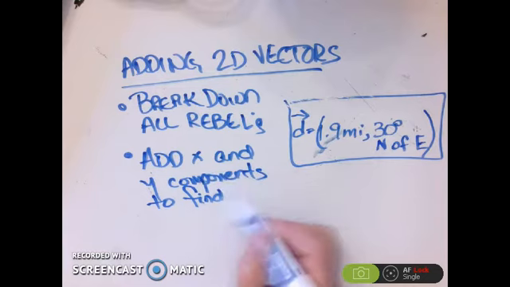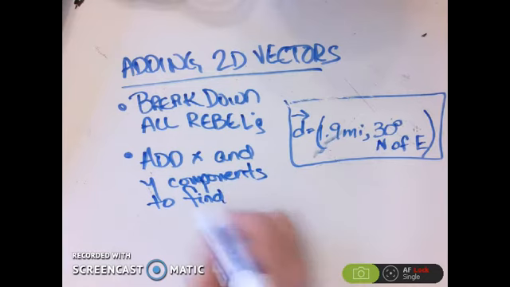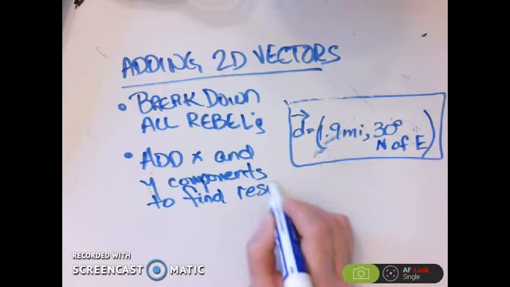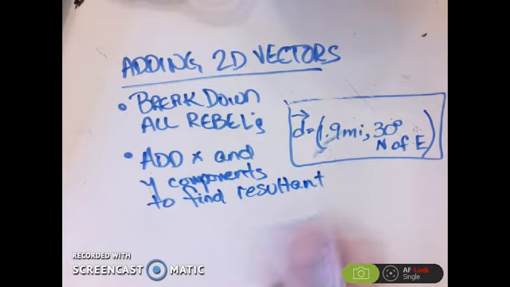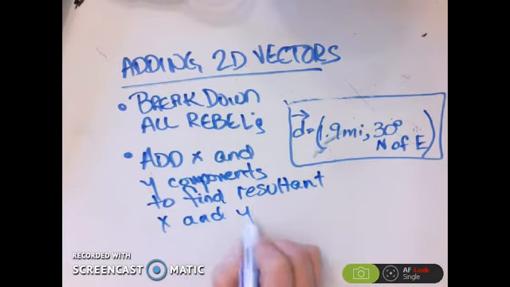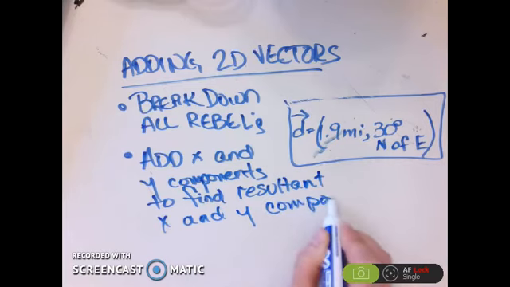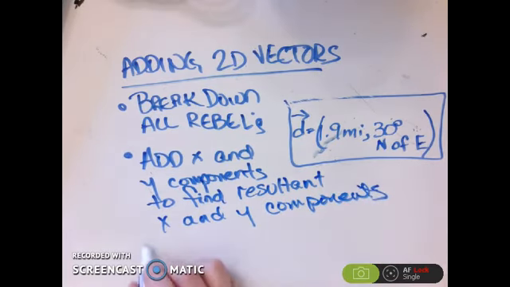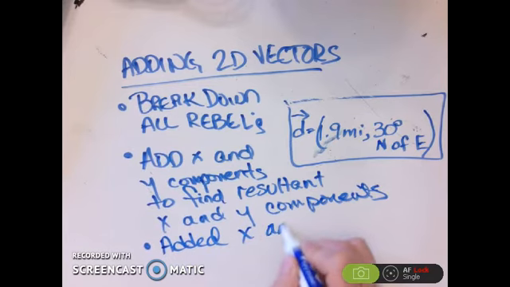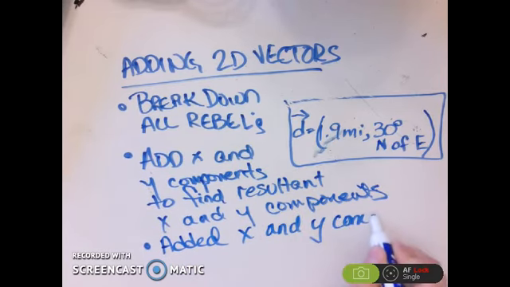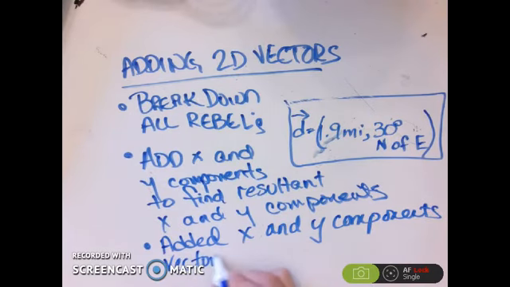Add x and y components. You're going to add those x and y components to find your resultant x and y components. And then the last thing we did was we added our x and y components vectorially. Oh boy, that's a long word, and I could have just made that up. I have absolutely no idea.